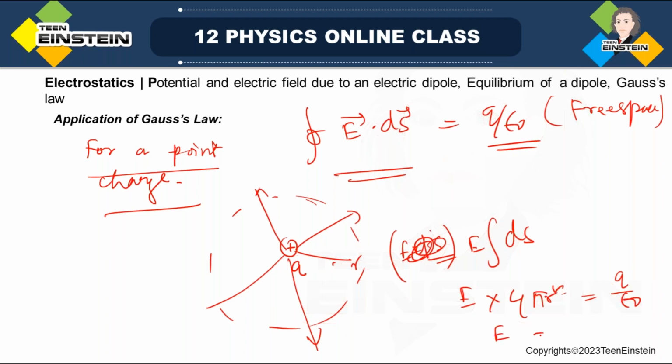Now E is equal to q by 4 pi epsilon naught r. This is not r, I'm sorry, this is r square actually. So this is how we get the electric field due to a point charge.